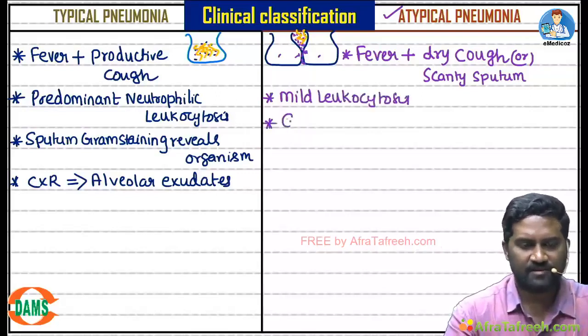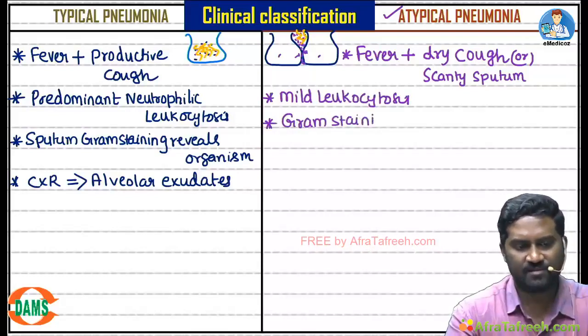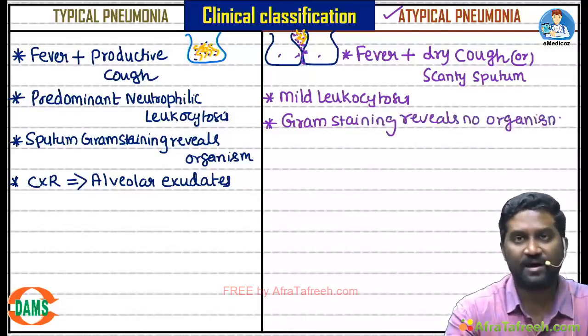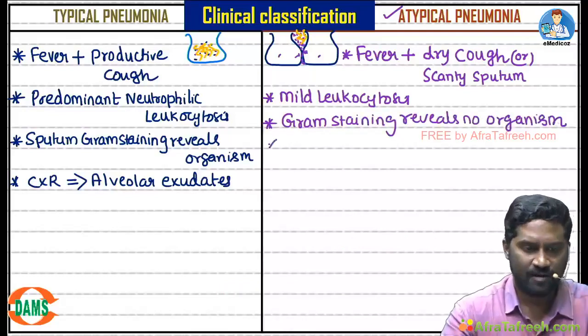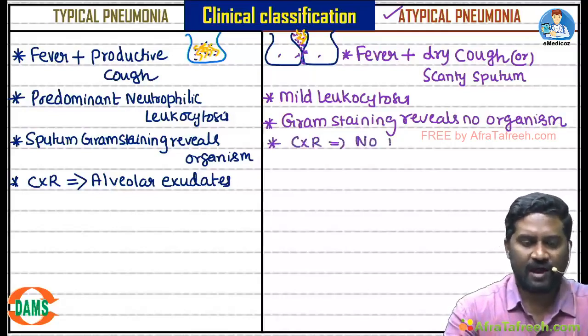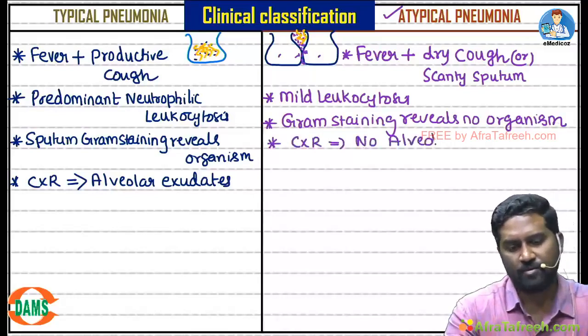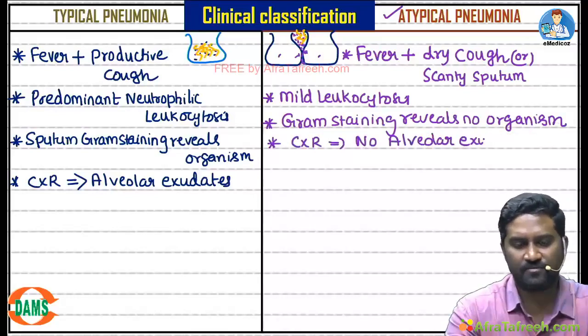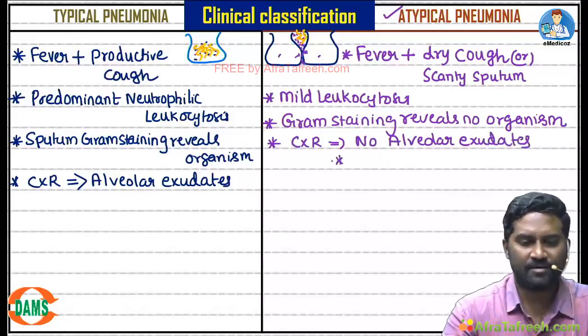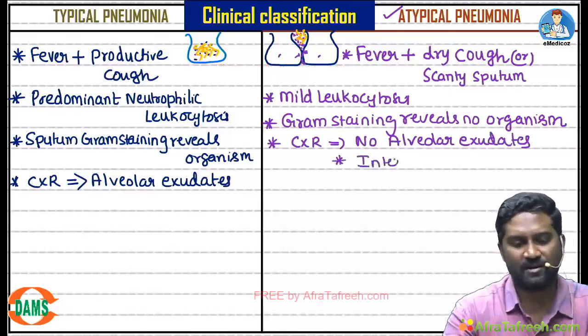If you collect these secretions and see under the microscope, generally gram staining reveals no organisms, because organisms are not residing in the alveoli, they are in the interstitium. And if you take a chest X-ray, you don't see alveolar filling, you don't see alveolar exudates, you find only a hazy pattern called the interstitial pattern.